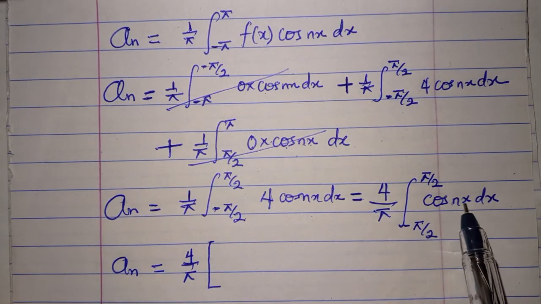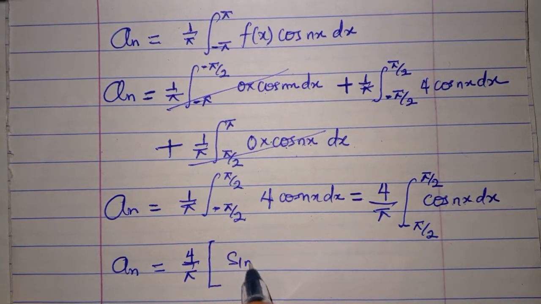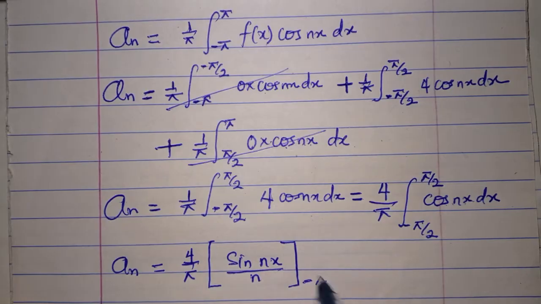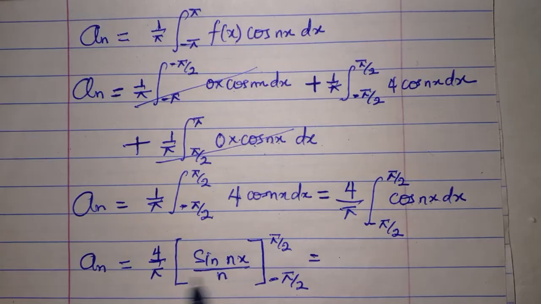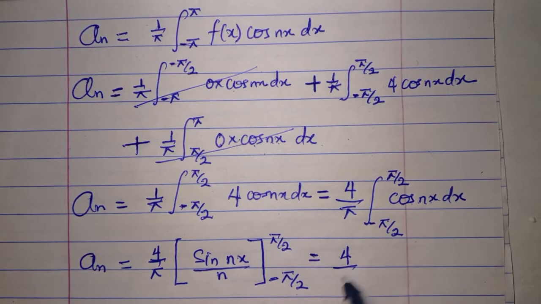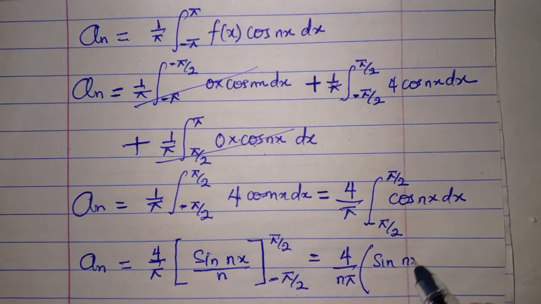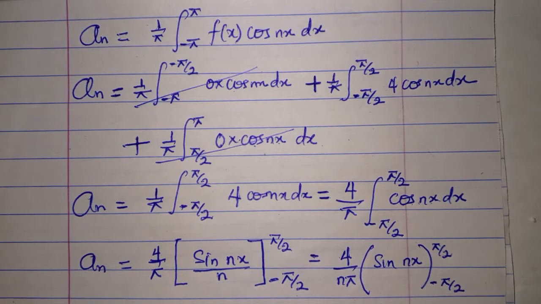The integral of cos x is sine x. That is, if you integrate the cosine function, you obtain the sine function. So the integral of cos nx dx is sine nx all over n, from negative pi over 2 to pi over 2. This n can come out and we'll have 4 over n pi times sine nx from negative pi over 2 to pi over 2.